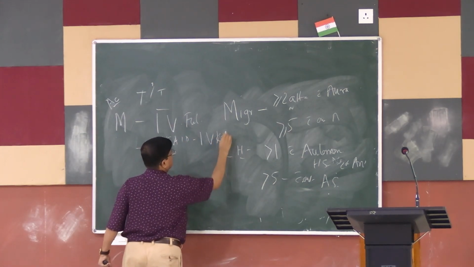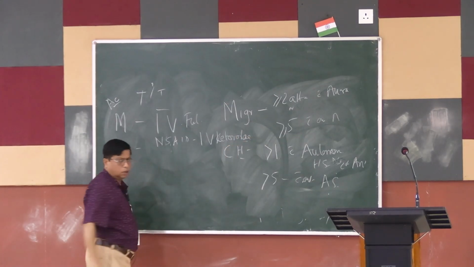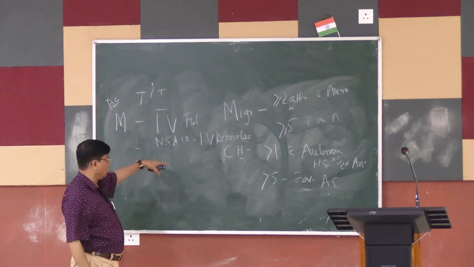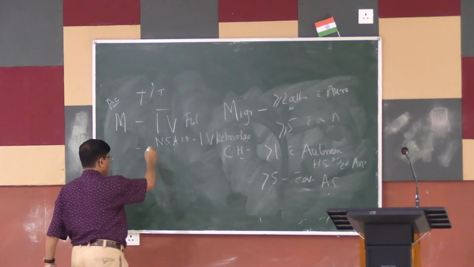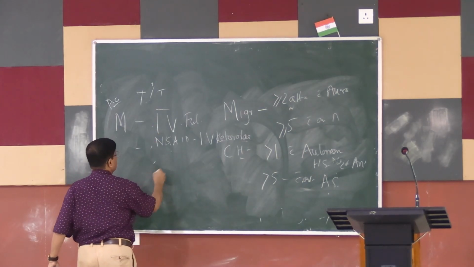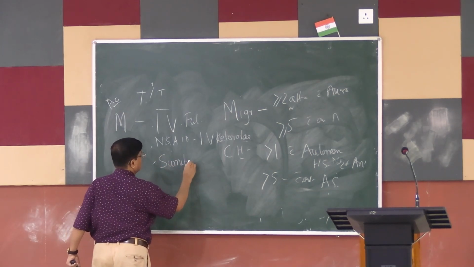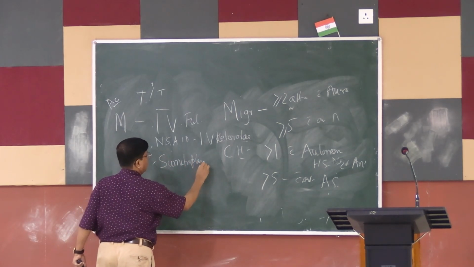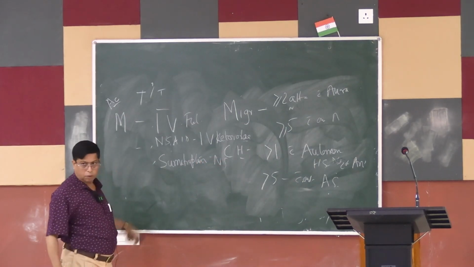Ketorolac is an NSAID, but as it is an acute condition, we can use IV ketorolac for this acute treatment. Then we have also sumatriptan, no? Sumatriptan nasal spray. This is for acute treatment.